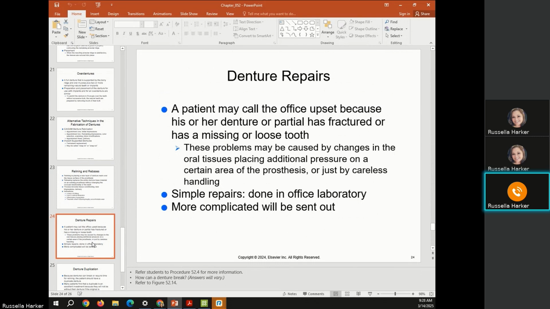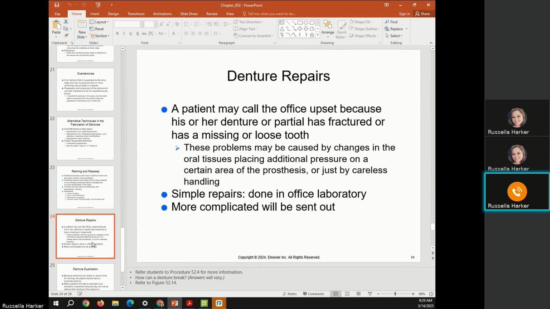Simple repairs can be done in the office laboratory, but if it's a more complicated repair, it will be sent out to an off-site laboratory to be repaired. So dentures can break in multiple ways, but the type of break or the type of repair is going to depend on if your doctor is going to repair it in the office laboratory or have it sent out.